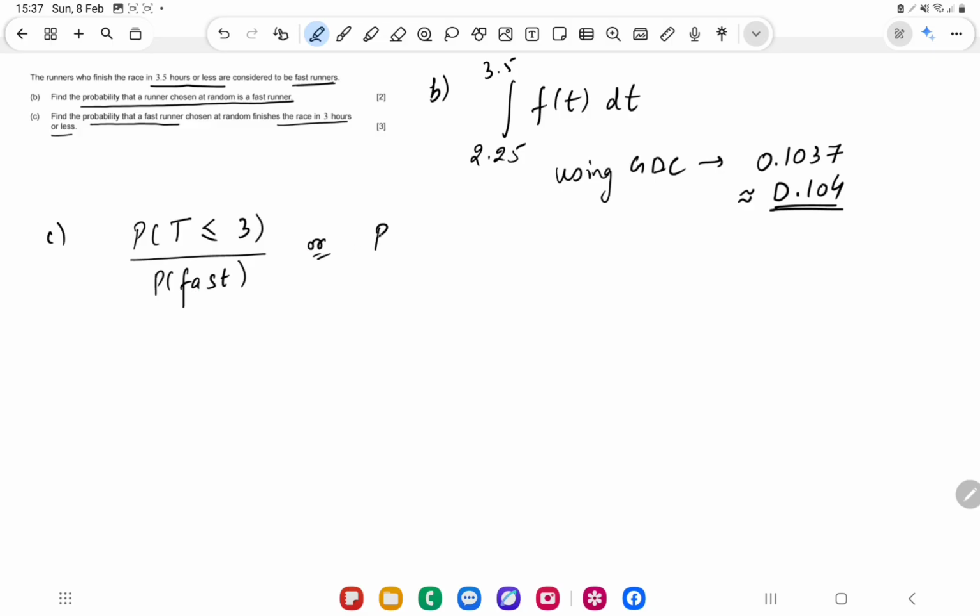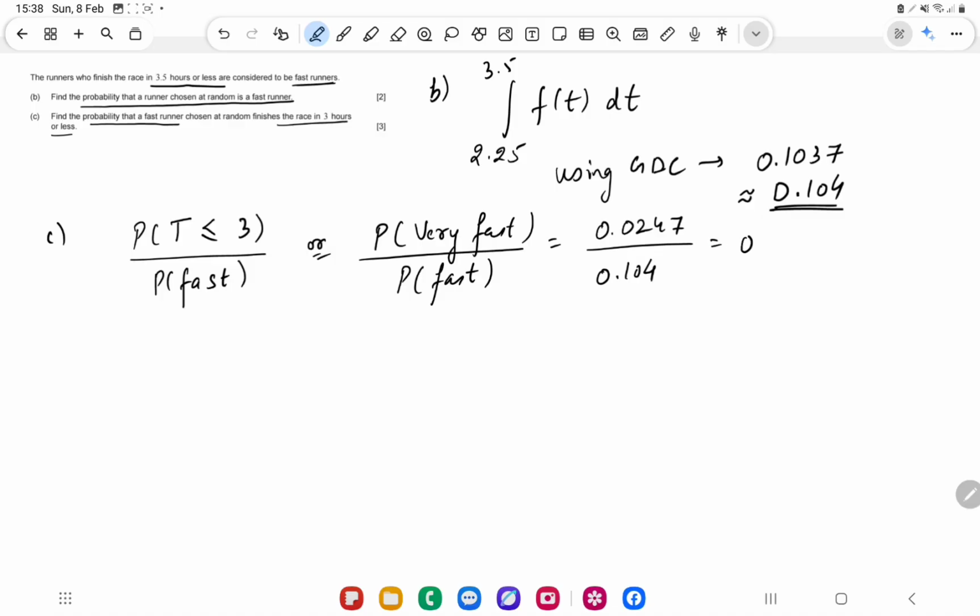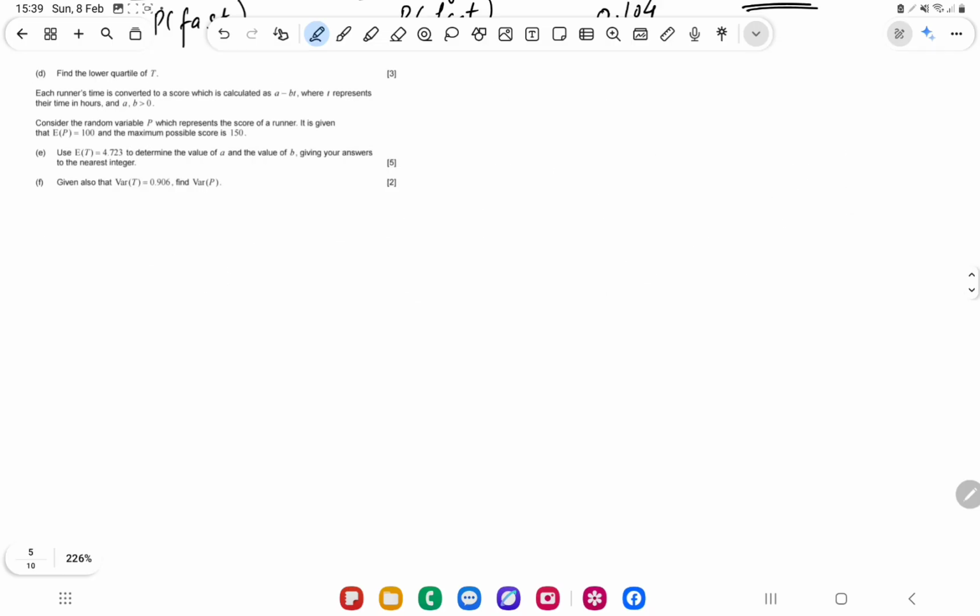Or we can write this as the probability of a very fast runner given the probability of a fast runner. So we got our answer from the A part as 0.0247, and we can divide it by the one which we just got in the B part. So we will get our answer as 0.238.